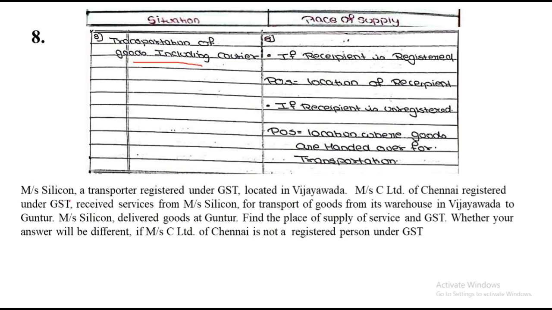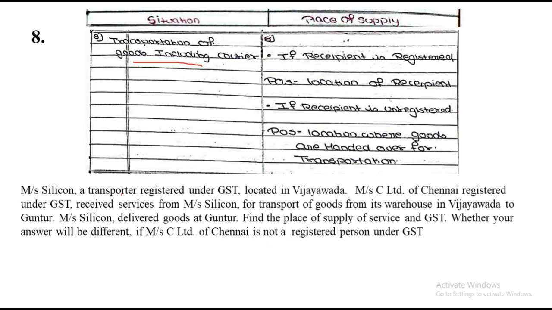So, Silicon Transporter, registered under GST, located in Vijayawada. Major Steel Limited of Chennai, registered under GST, received services from Silicon for transport of goods from his warehouse in Vijayawada to Guntur. Silicon delivered the goods at Guntur. Find the place of supply, and whether your answer will be different if he is not a registered person.